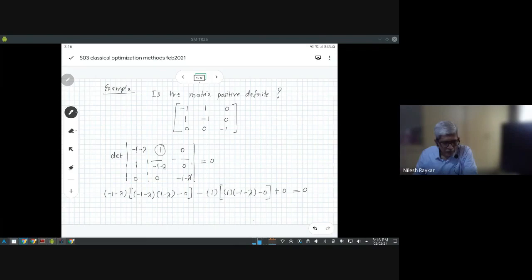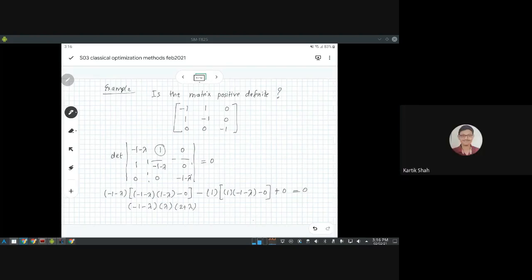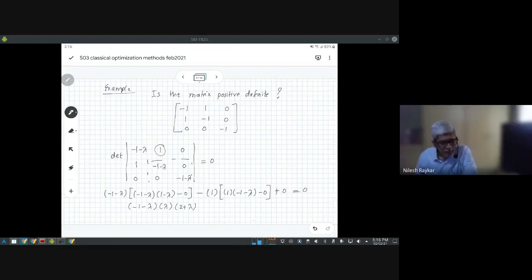If you simplify this particular thing, it can be factored as -1 minus lambda, and inside the bracket -1 minus lambda the whole square. So actually the third term is -1 minus lambda. In the bracket I have written 1 minus lambda. Just hold on.